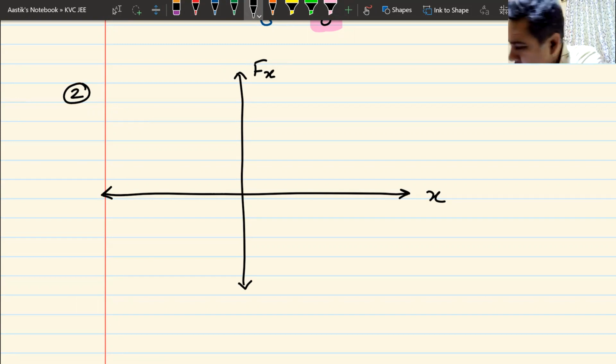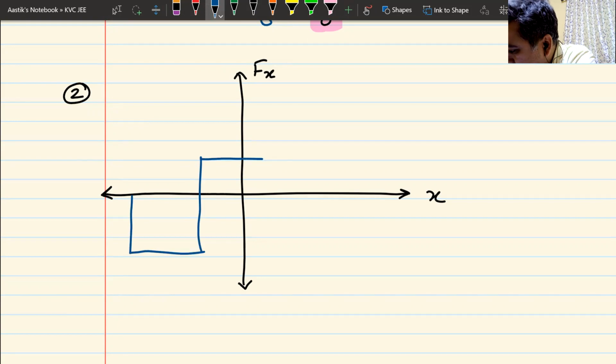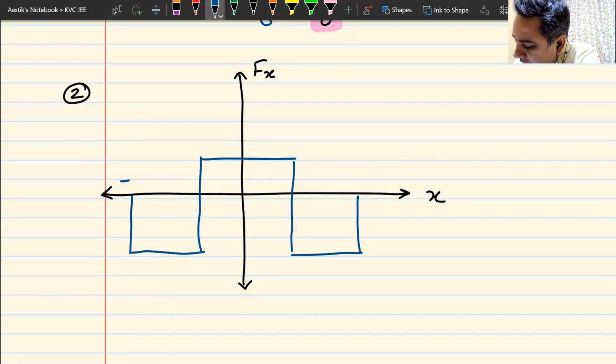Now this force varies like this. This is -4. This is -2. This is 0.